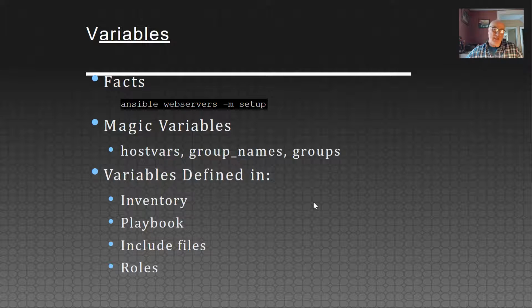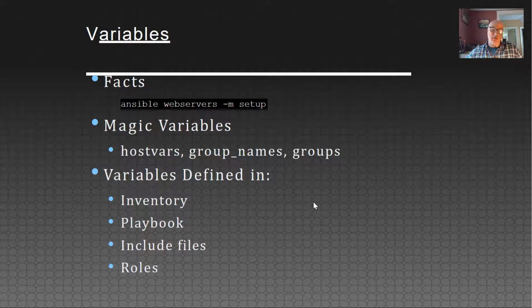So where can we define variables? Well, lots of different places in Ansible. You can put them in the inventory file itself, and then apply those variables every time you run a playbook that involves that inventory file, which is really handy. You could put your variables in the playbooks that you run, but of course, then each time you come up with a new playbook, you need to make sure that you include those variables in each one of the playbooks that you run against the inventory.